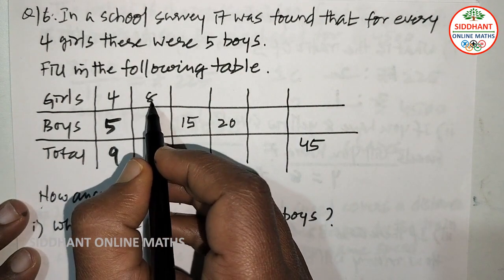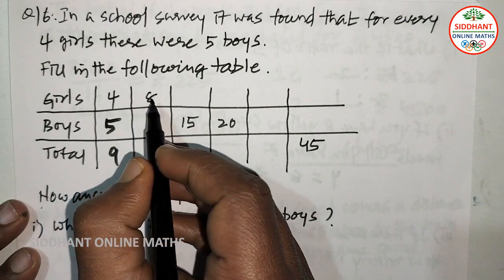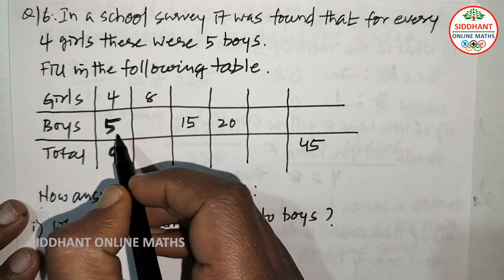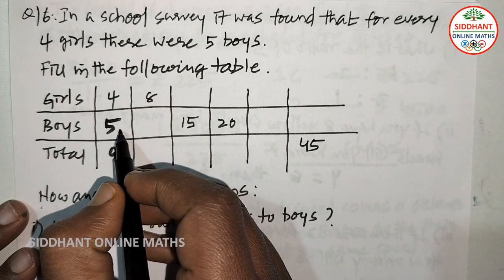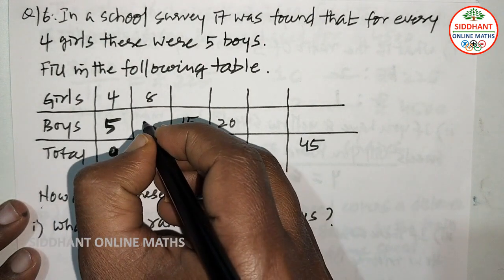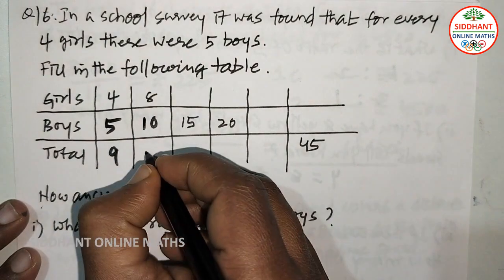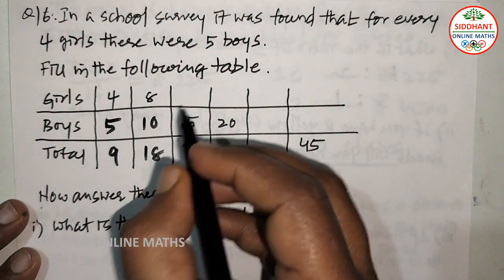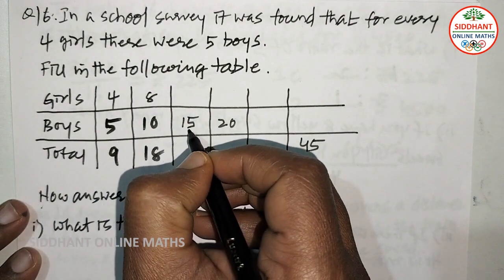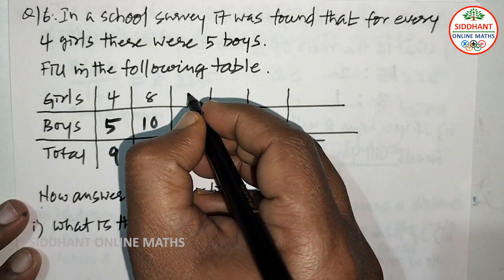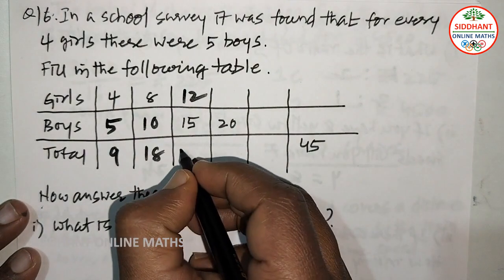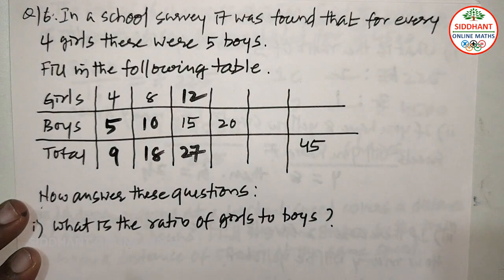Here 8 are girls, that means 4 into 2, 8. Then boys will be 5 into 2, that means 10 here. The total will be 18 here. In the same way, 15 boys are there, then here 4 into 3 it will be 12, then that will be 27 as the total.